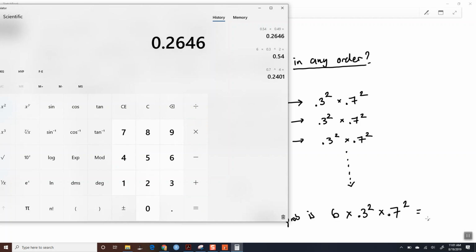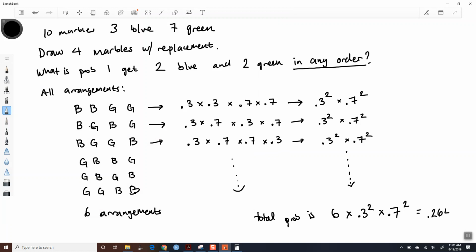It's 0.2646. So if you draw 10 marbles with replacement, the probability that you'll get 2 blue and 2 green is a little over 1/4, 0.2646. Does that feel okay?